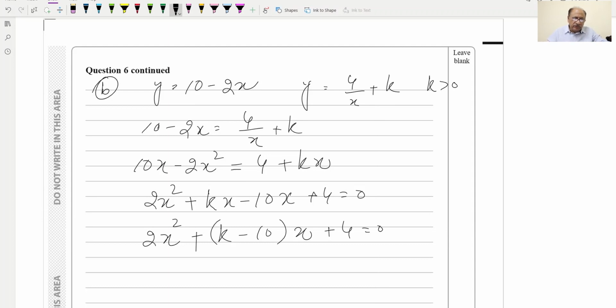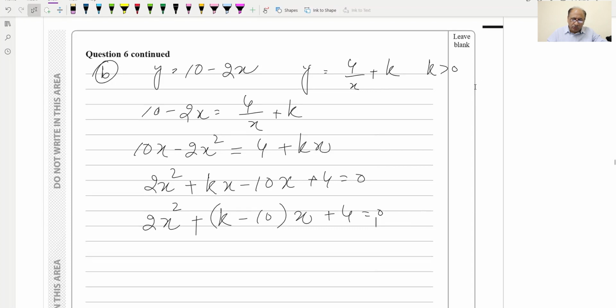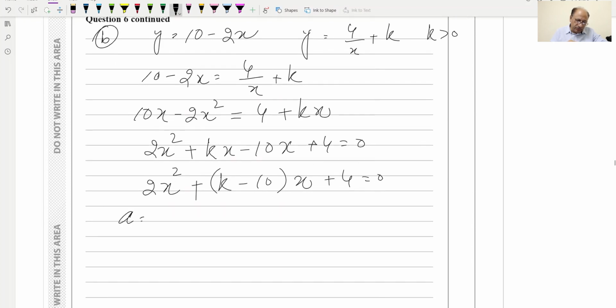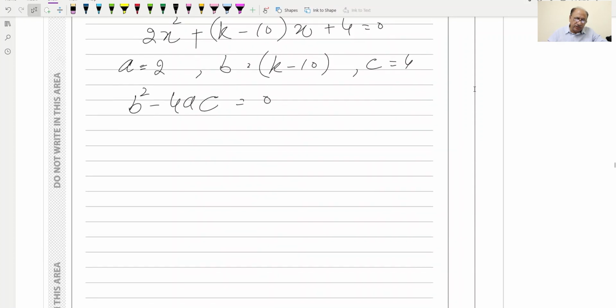Now we put the discriminant equal to 0. The values of a, b, c will be a is equal to 2, b is equal to k minus 10, and c is equal to 4. We will use these values in b squared minus 4ac is equal to 0 for the tangent.